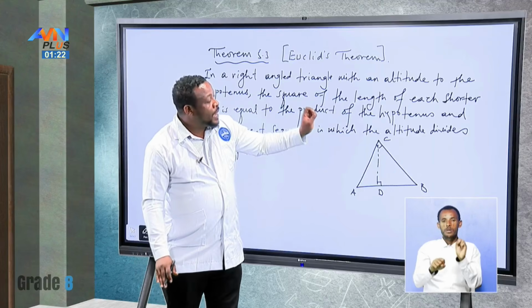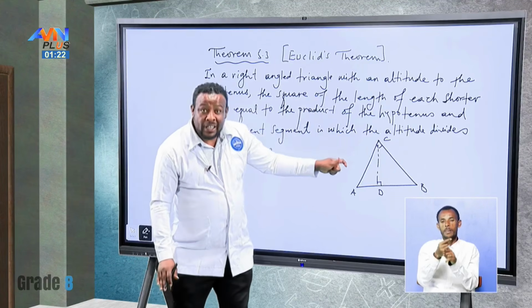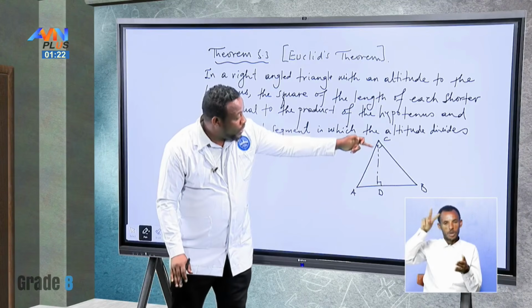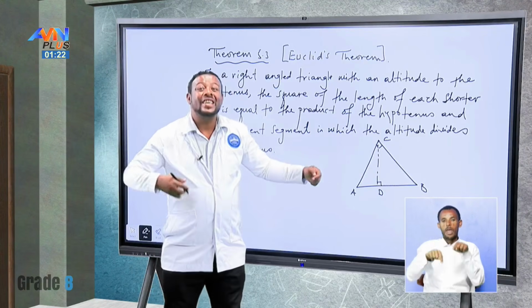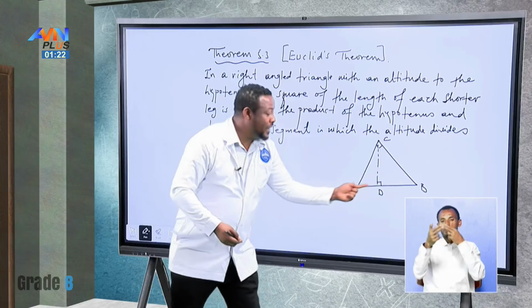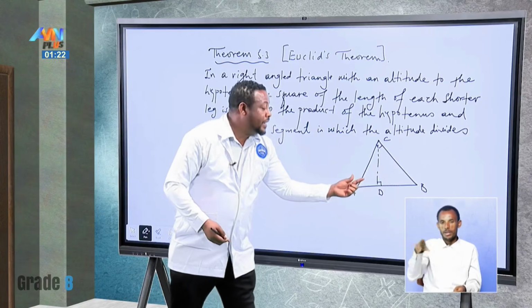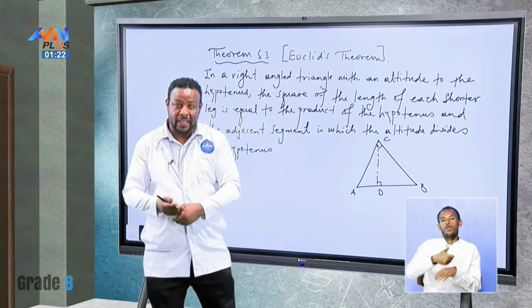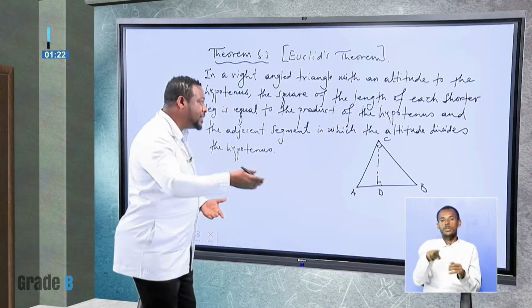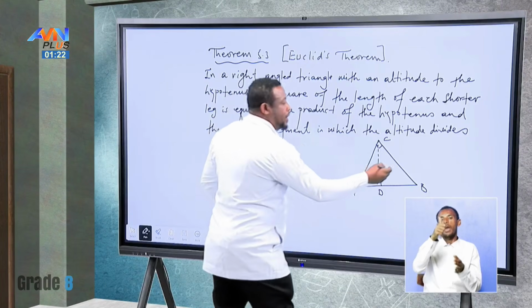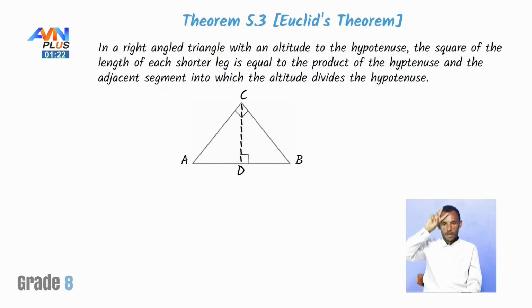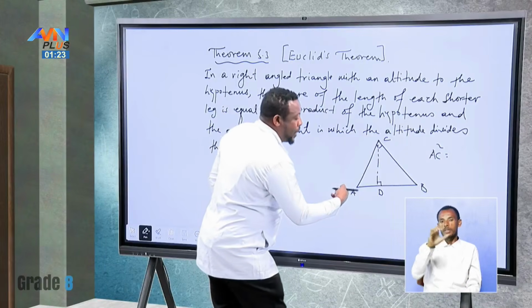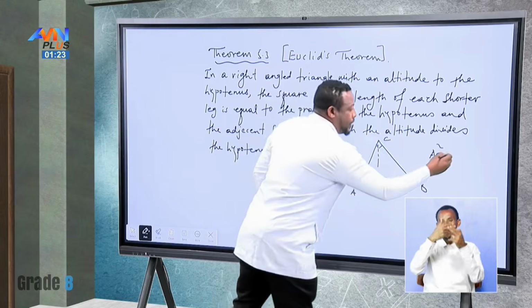So geometrically, this Euclid's theorem is telling us the square of each leg is equal to the product of the hypotenuse and the adjacent segment into which the altitude divides the hypotenuse. That means AC square is equal to AD times AB.